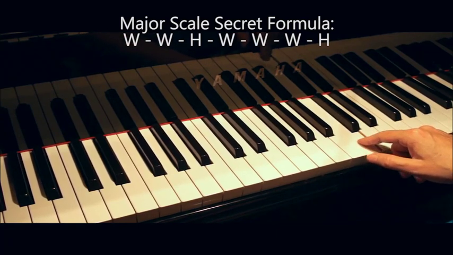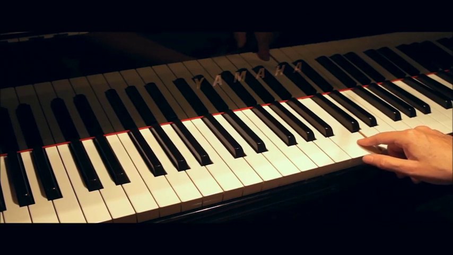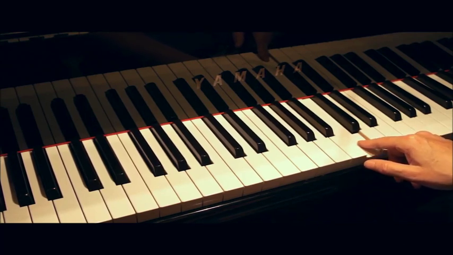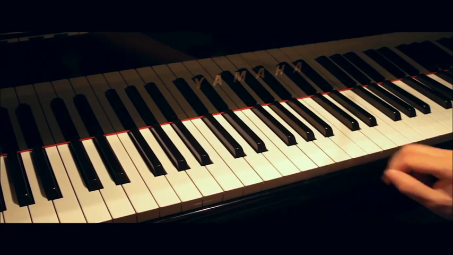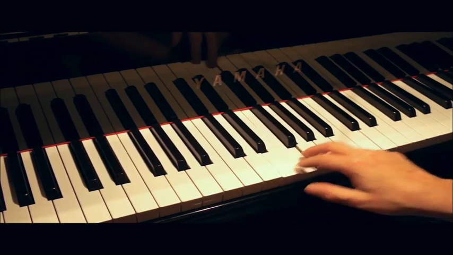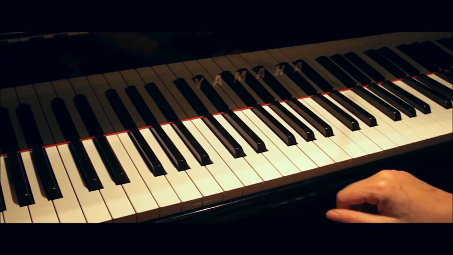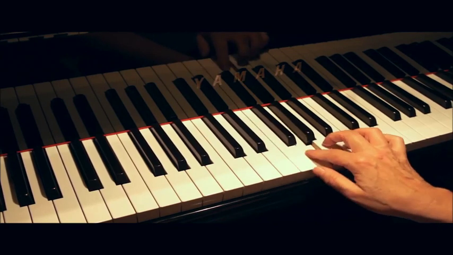Now maybe in school or somewhere you've learned, like with guitar or with a band instrument, that there was just a half step between E and F and between B and C. Now you know why, because that's the way it looks on the piano. Okay, so there's your C scale based on that formula.